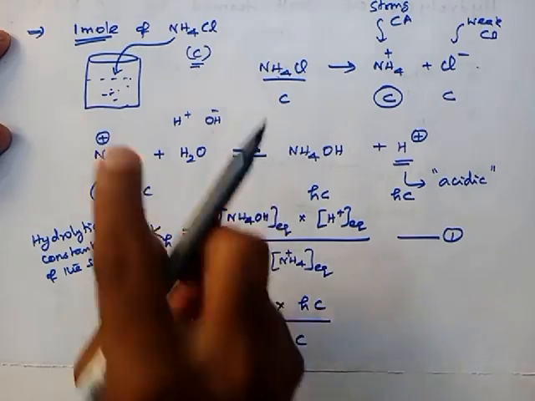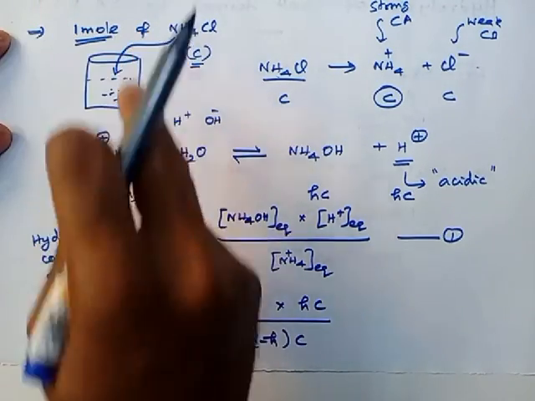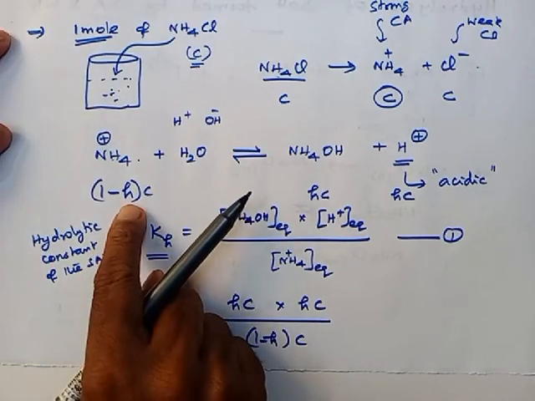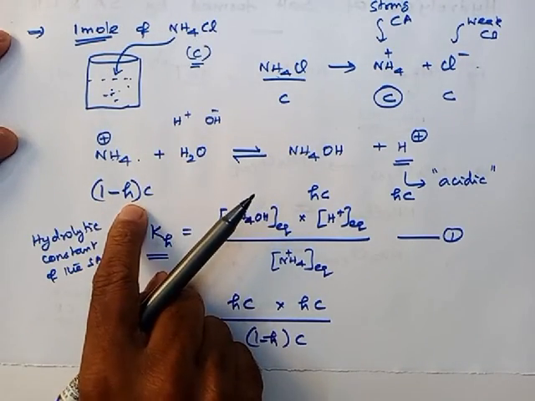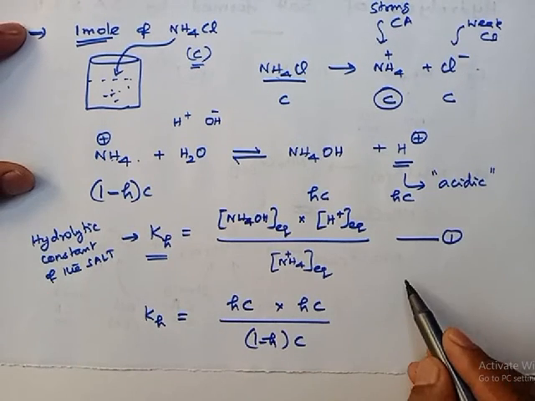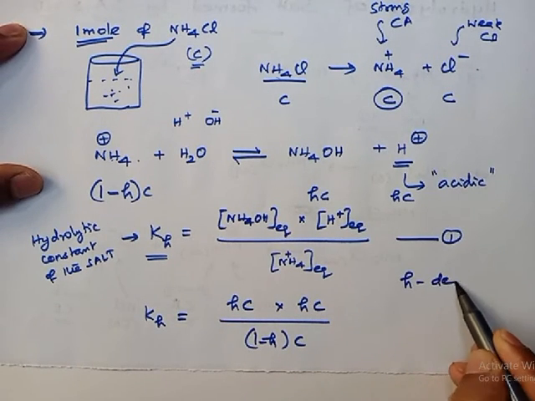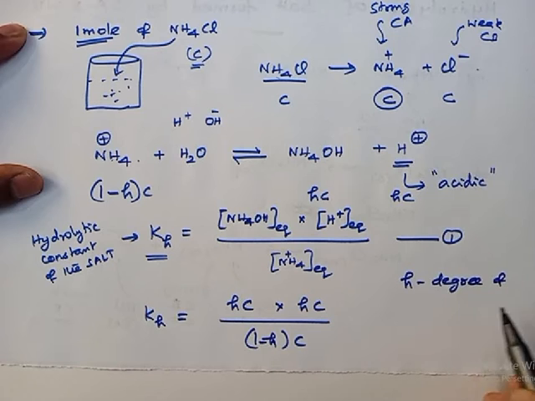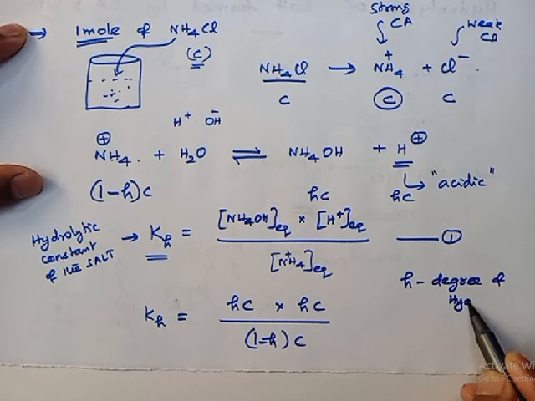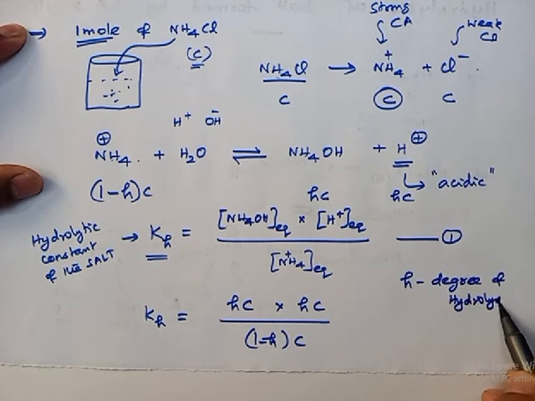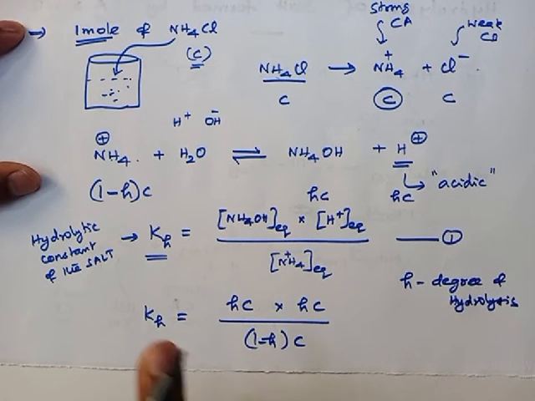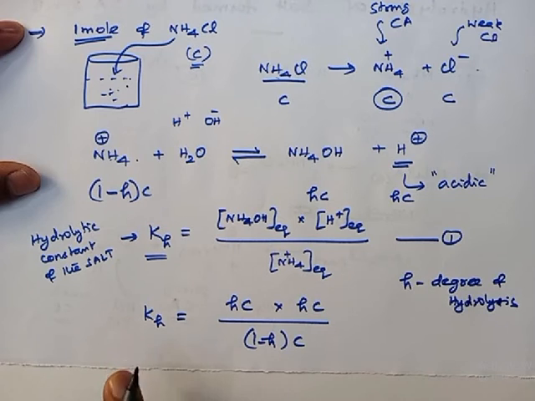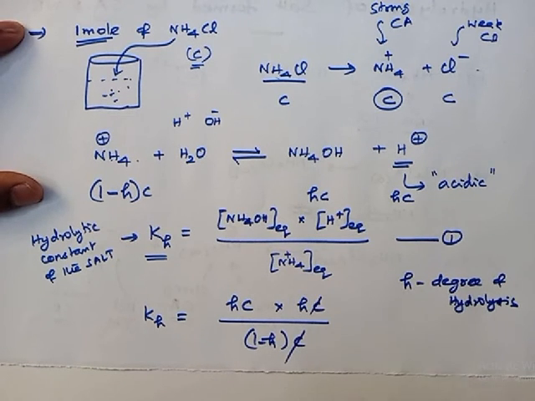Depending upon the number of moles you have taken, we give different symbols. If you take 1 mole, then we give the symbol h. h is called the degree of hydrolysis.